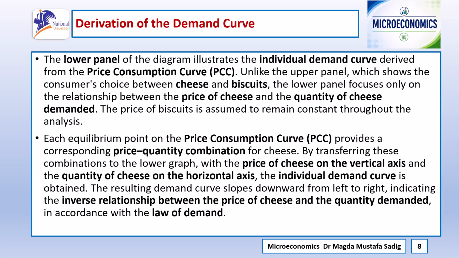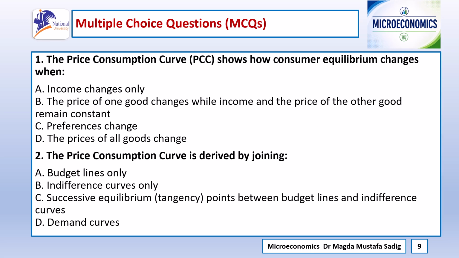Each equilibrium point on the price consumption curve provides a corresponding price-quantity combination for cheese. By transferring these combinations to the lower graph with the price of cheese on the vertical axis and the quantity of cheese on the horizontal axis, the individual demand curve is obtained. The resulting demand curve slopes downward from left to right, indicating the inverse relationship between the price of cheese and the quantity demanded, in accordance with the law of demand.